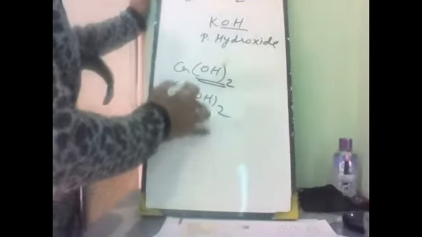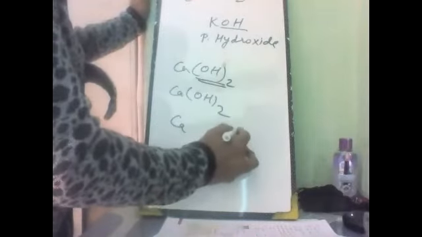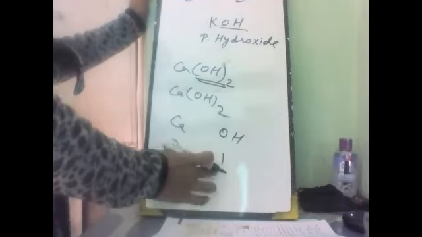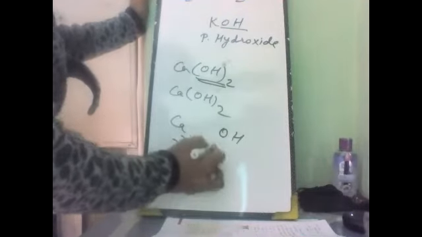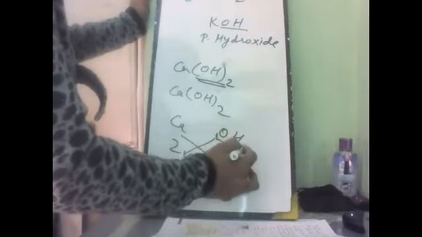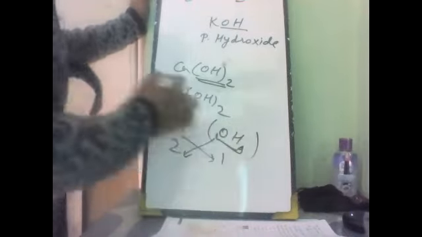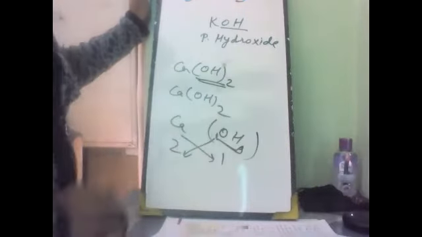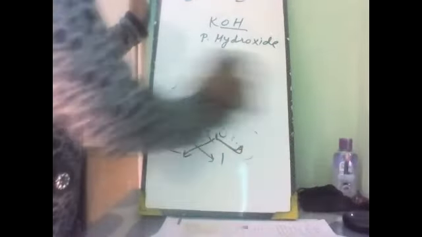Right answer. The valency of calcium is 2 and the valency of hydroxide is 1. On interchanging them, since it is a compound form, we use brackets. Is it clear? Yes, ma'am.